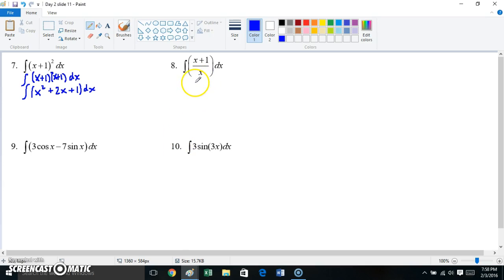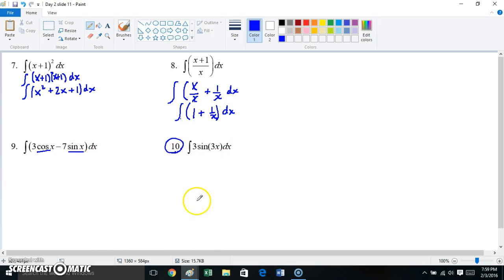Number 8, x plus 1 over x, break up your fraction into 1 plus 1 over x, and then take the integral. Number 9 is pretty straightforward. You've got the integral of cosine, the integral of sine.